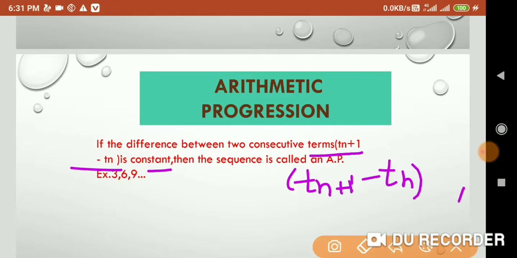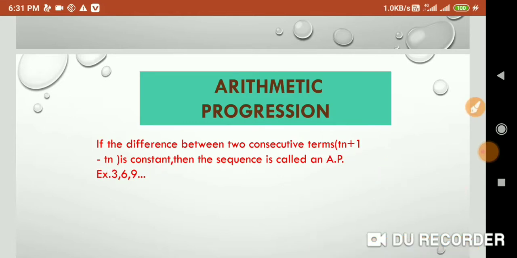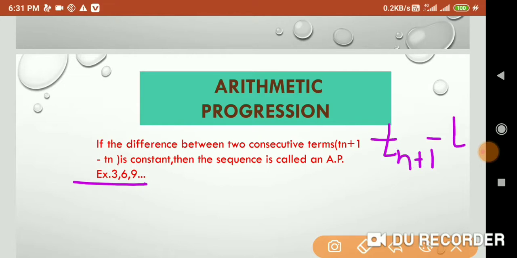Okay. Now here a sequence is written, and that sequence is 3, 6, 9. But see first about the formula T(n+1) minus T(n).